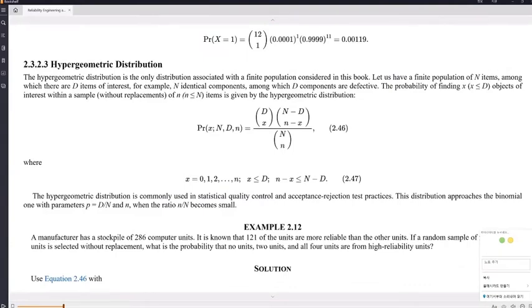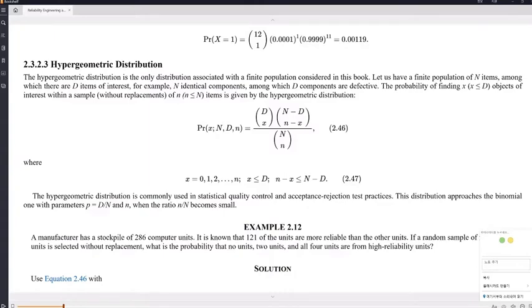Another example of a discrete probability distribution is something called the hypergeometric distribution. The hypergeometric distribution is associated with a finite population, as considered in this book.